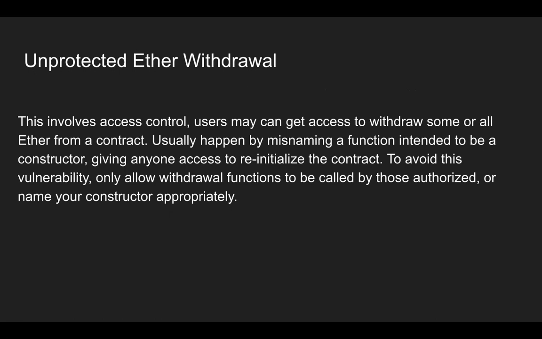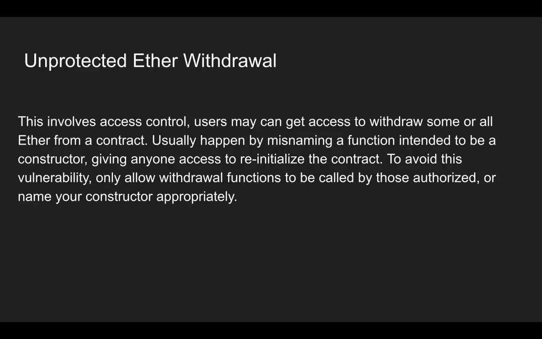So this vulnerability also has to do with access control, so you are not supposed to make some access public, right? It happens by misnaming a particular function, or giving access to an external contract.